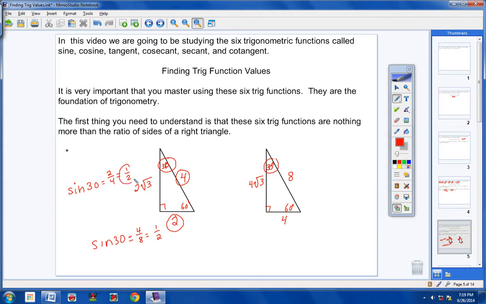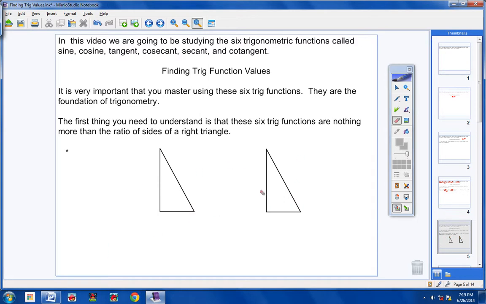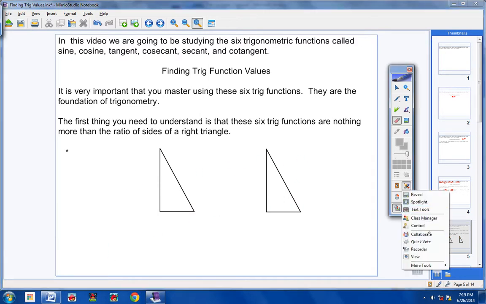You will get out the exact same answer, because as a right triangle increases in proportion, the ratio of the sides stay the same. Okay, so it's really, really important that you see that. But let's go ahead and continue on, and let's see if we can look at this a little deeper.